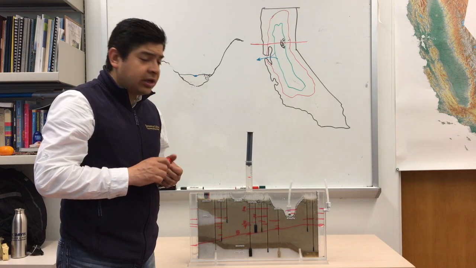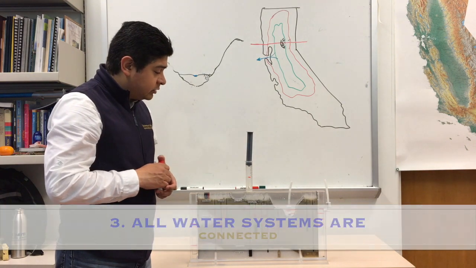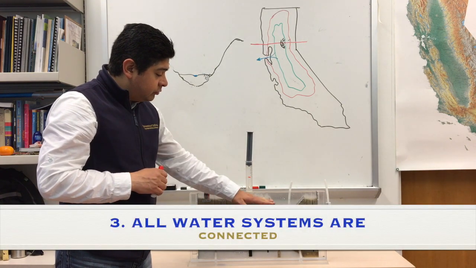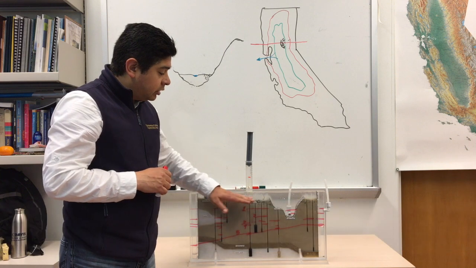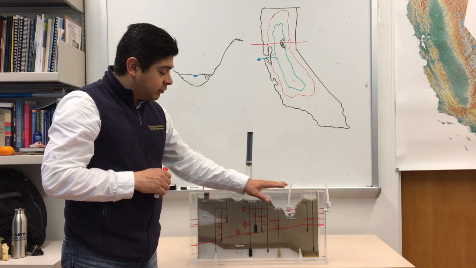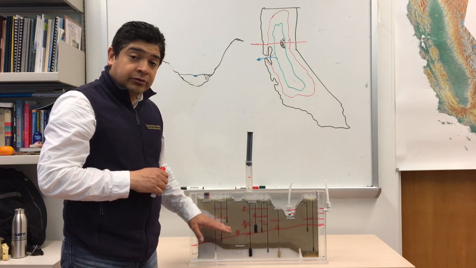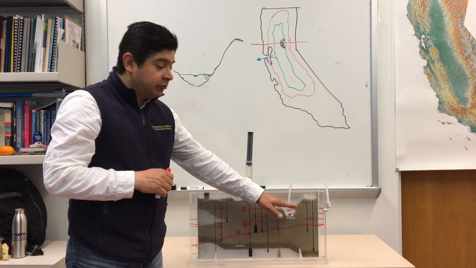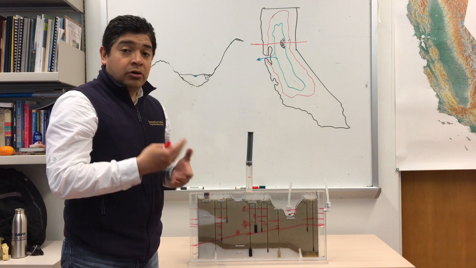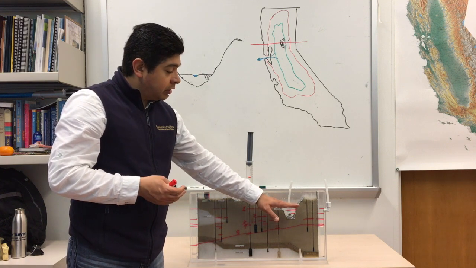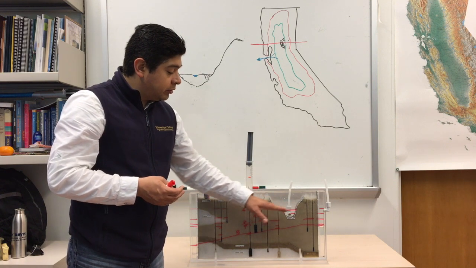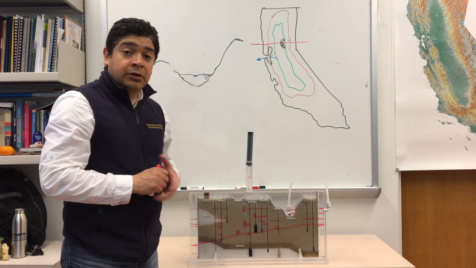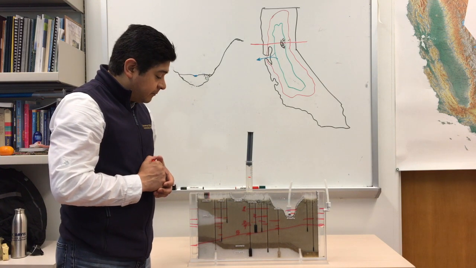The other take-home message here is that everything is connected. Whatever we do on our land use will impact how much water we are using from the river and from the aquifer. Depending on how much water we are extracting from the aquifer, we can affect our river. Or depending on how much water we let run in our river, it will affect how much water we are recharging into our aquifers.